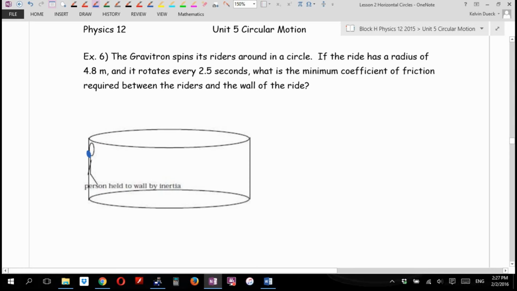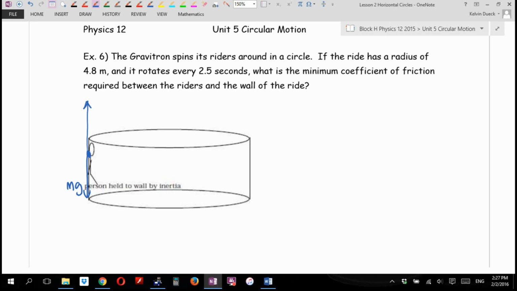Get the obvious one. Is this person sliding down the wall? No. Is this person sliding up the wall? No. So there must be an arrow pointing up the same size as gravity. What force is that? I'm not sure. Let's come back to it.